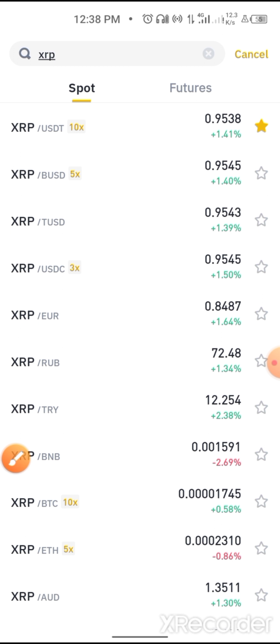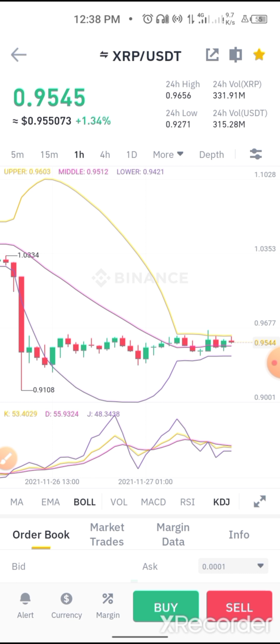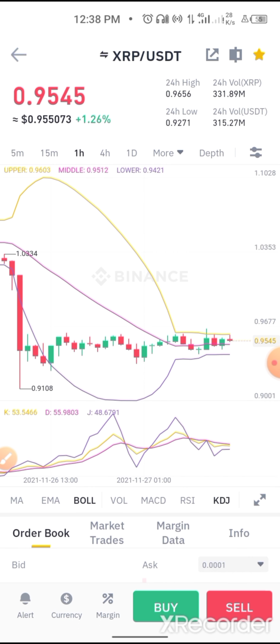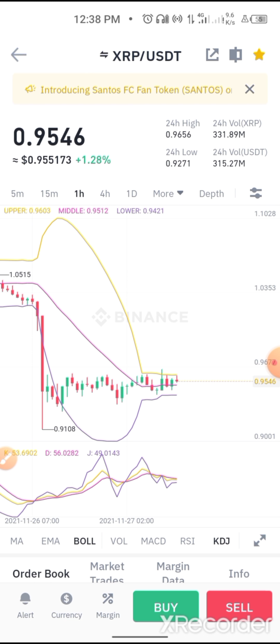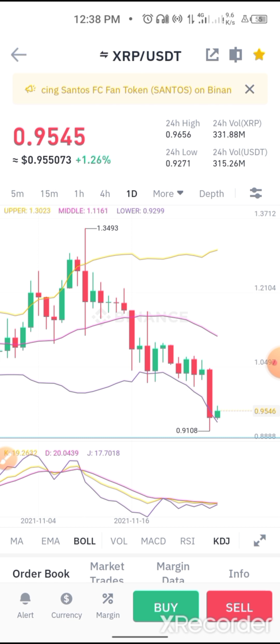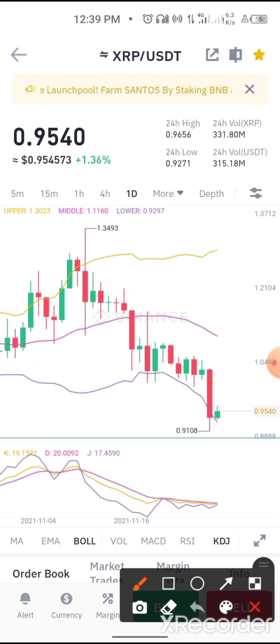Once I click on it, I can see the chart. So I can use the chart to carry out my analysis and decide on when to buy or when to sell. Okay, I can go ahead and click on the button here.